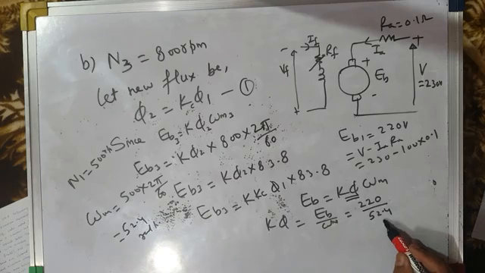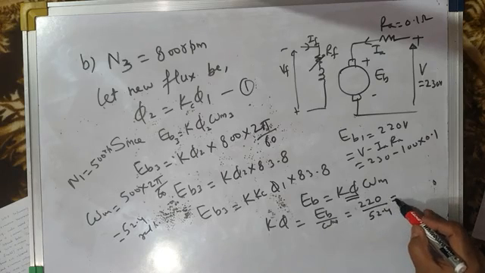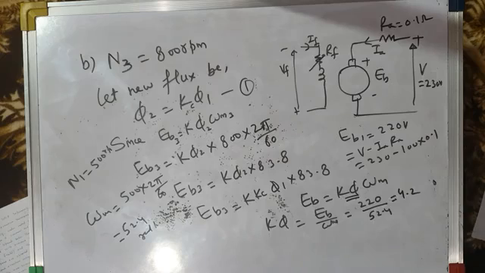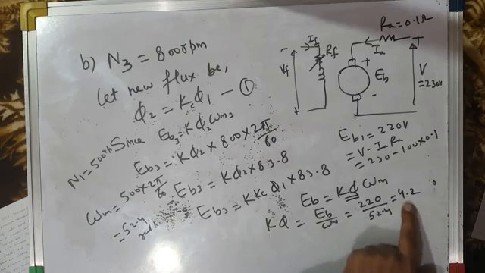That's what I am substituting here. So 220 by 52.4 comes out to be 4.2. And therefore this K into phi I can substitute here. K into phi from the previous part comes out to be 4.2.